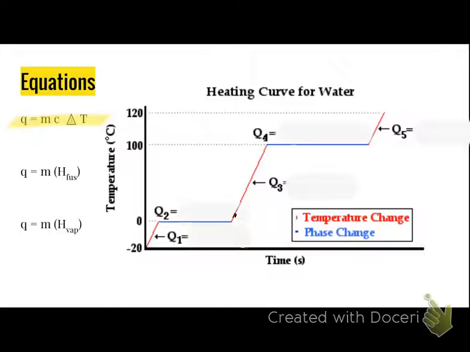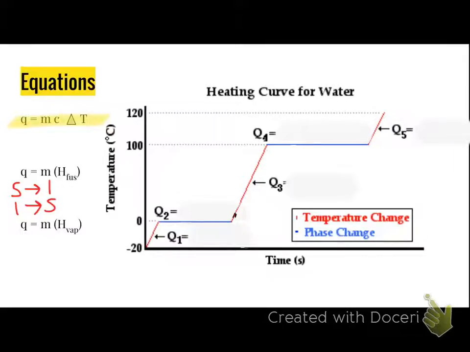But two new equations that you're going to have are Q equals mass times your heat of fusion. Now your heat of fusion is when you are changing from a solid to a liquid, or a liquid to a solid.